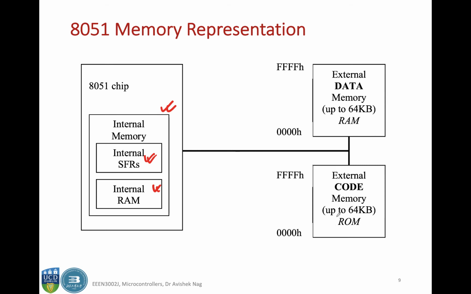So up to 64 KB of ROM and up to 64 KB of RAM. Okay, so this comes directly from the fact that you have a 16-bit address bus. So therefore you can address up to 2 to the power 16 addresses, and that is basically 64 KB.